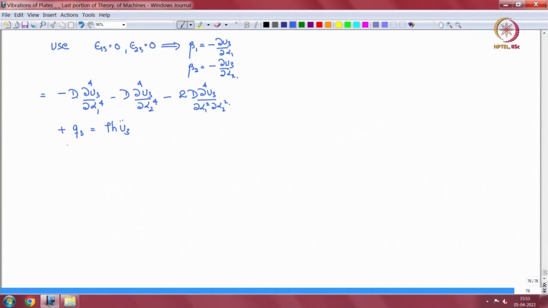Okay, so this then ends up as our famous plate equation: D (∂⁴u3/∂α1⁴ + 2 ∂⁴u3/∂α1²∂α2² + ∂⁴u3/∂α2⁴) plus ρH ü3 is the forcing.